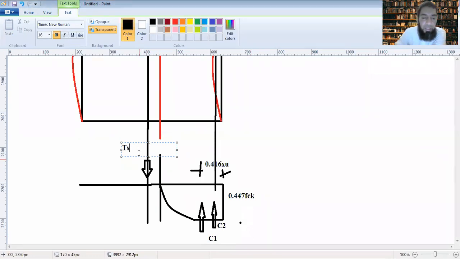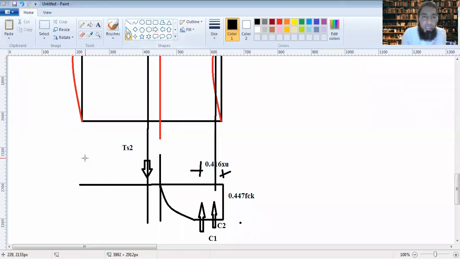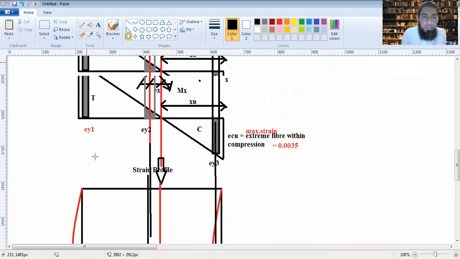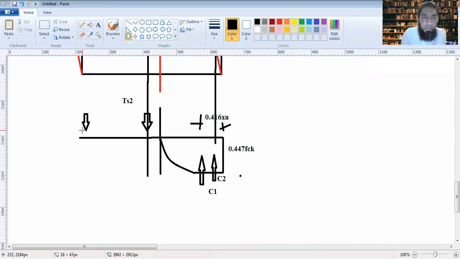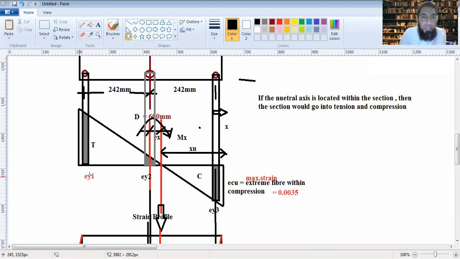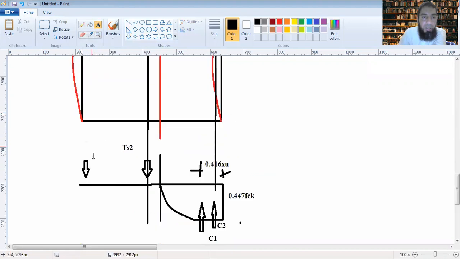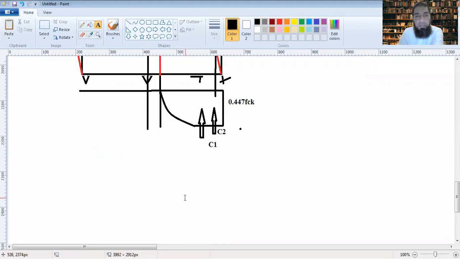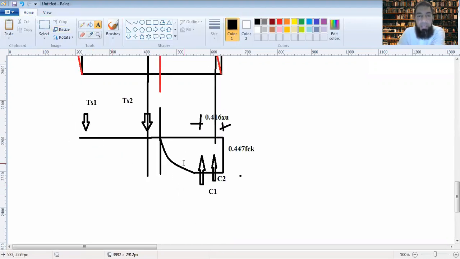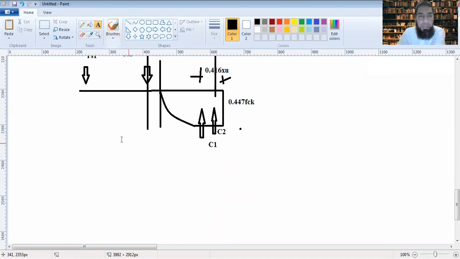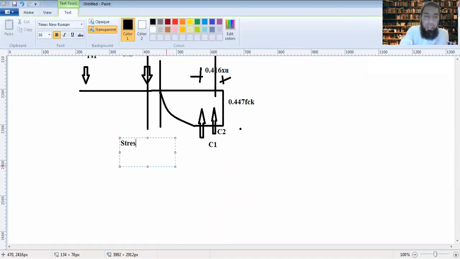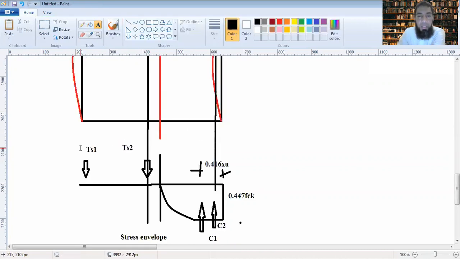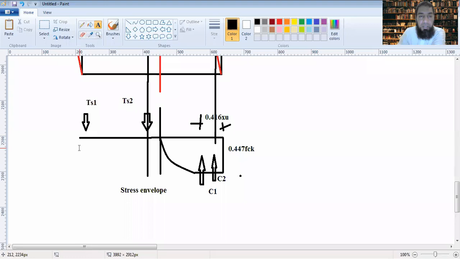This could be TS2, and this would be TS1, below EY1, it would be TS1. So no tension forces. This stress envelope is assumed to be taken by the steel and the concrete.